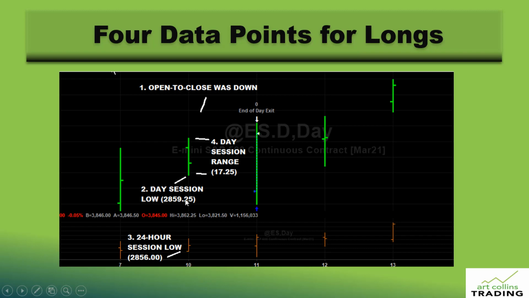So you take day session low minus overnight session low. That would be 3 1/4, clearly way bigger than 1% of 17 1/4. Buy the next day, exit on the close.